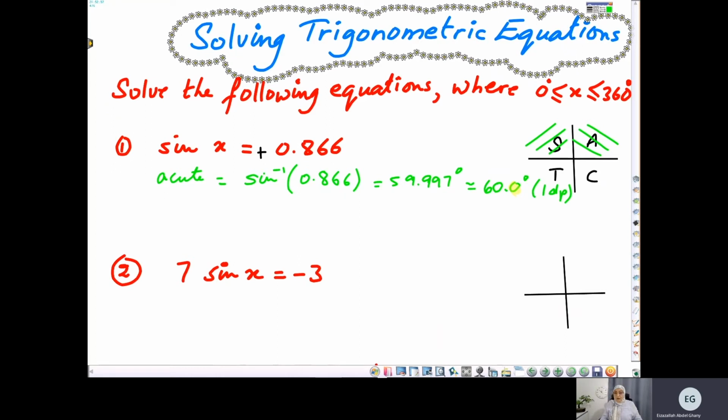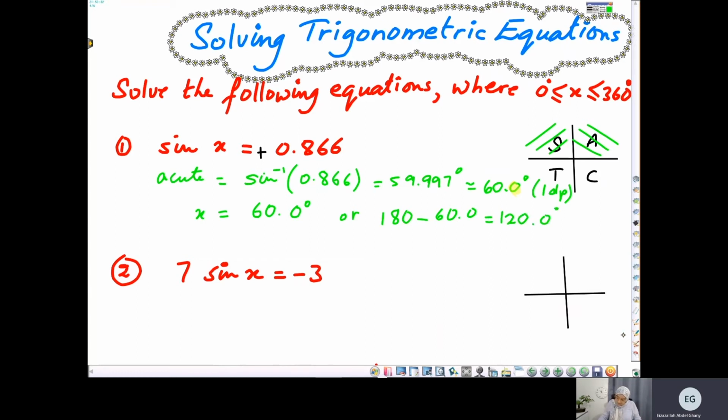Now, you have got the acute angle, which is one of the solutions. What about x? x will be the acute angle that you got. Remember, it is one decimal place, or 180 minus this acute. 180 minus answer equals, you will find that 120.0.